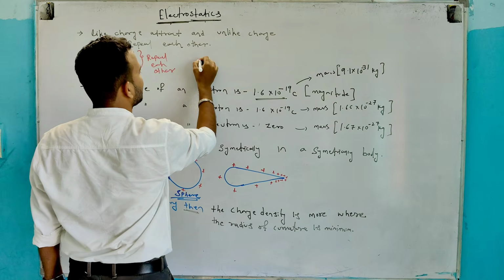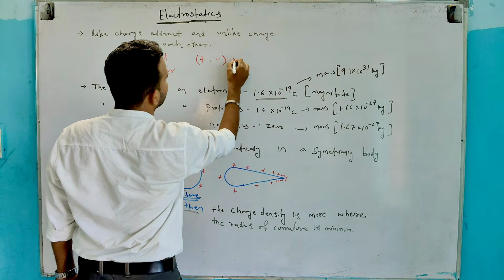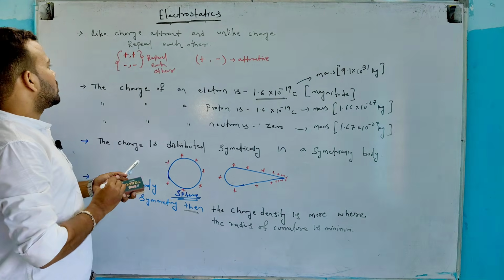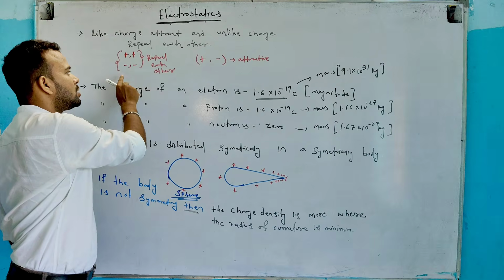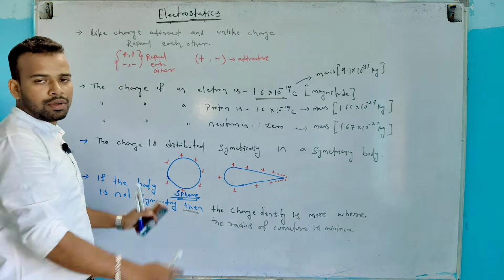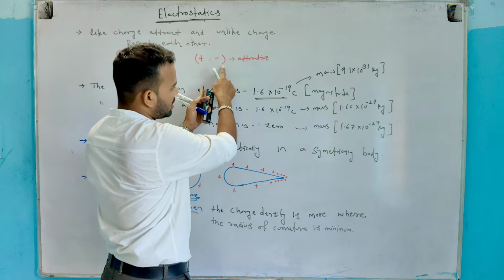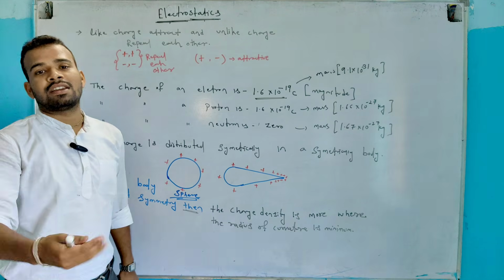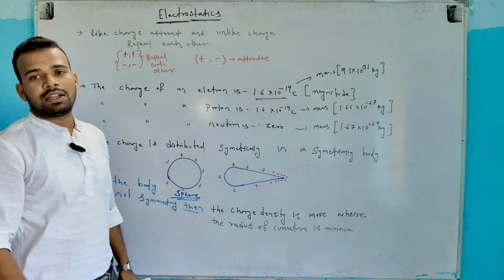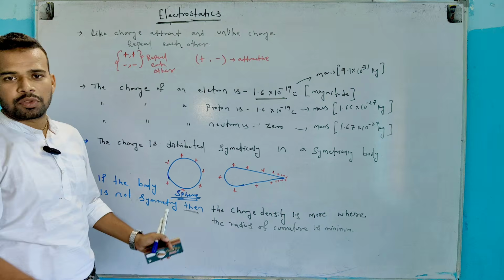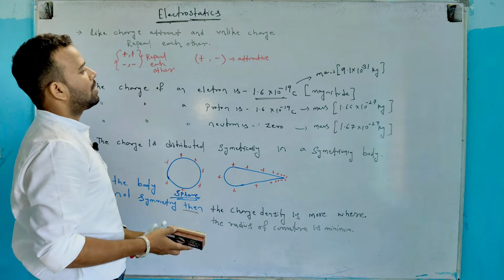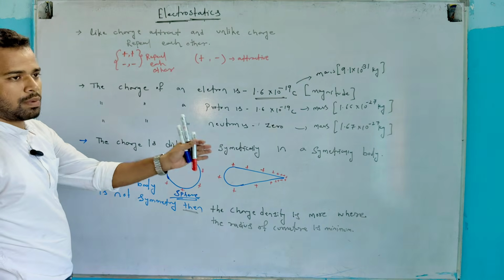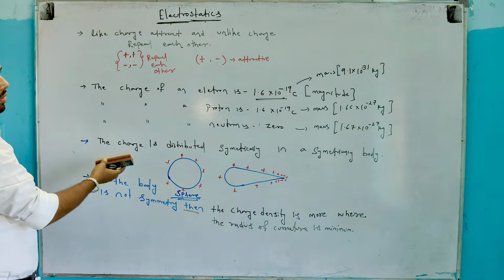But unlike charges, positive and negative, attract. The force between two positive charges or between two negative charges is a repulsive force. The force between one positive and one negative charge is an attractive force. In Coulomb's law, next class, we will discuss what the force between two charges is. So these are the small things about charge. Now we are going to discuss the properties of electric charge. So I hope it's clear.